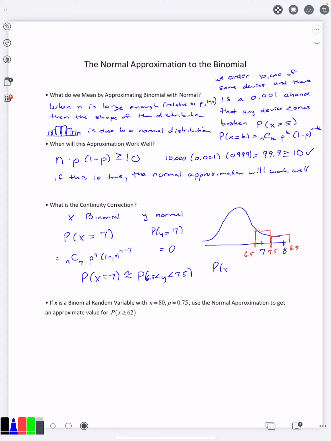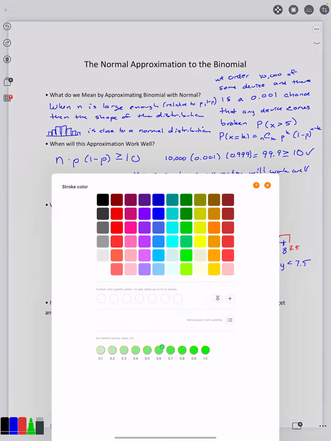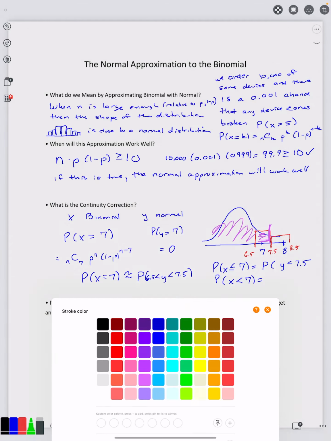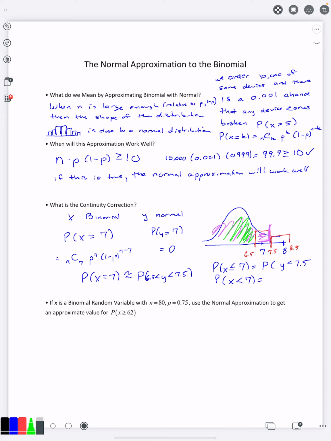Then what if you wanted all the numbers that are less than or equal to 7? In terms of the normal variable, I want all the numbers less than 7.5, because I want everything that includes the 7 part and everything to the left. So the stopping point for that is 7.5. On the other hand, if I want the probability that x is less than 7, I do not want to include the 7 part. I want only things to the left of it, so I stop at 6.5 to not include that.